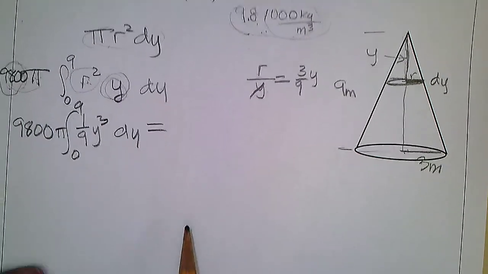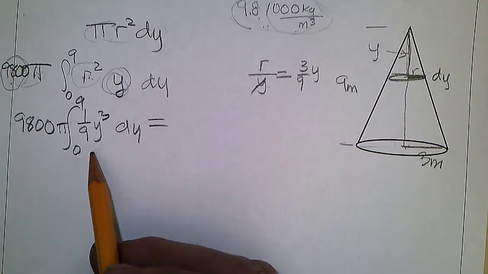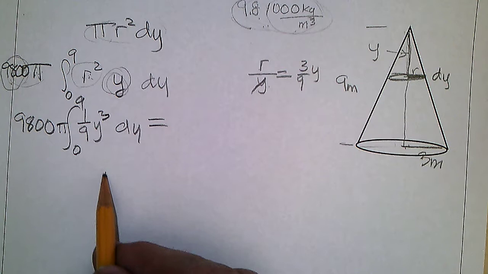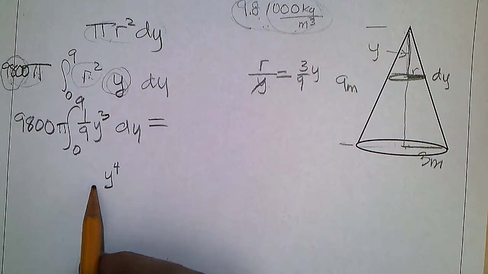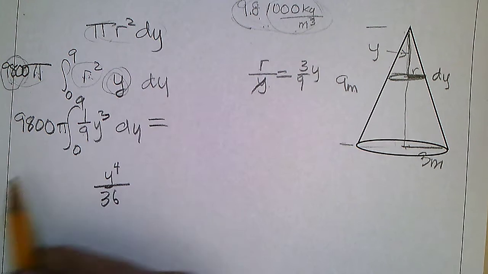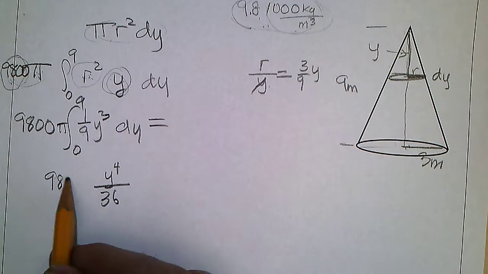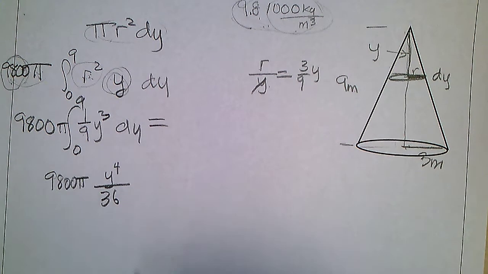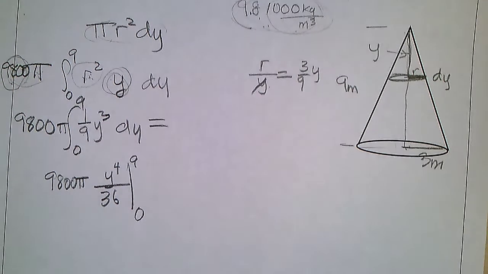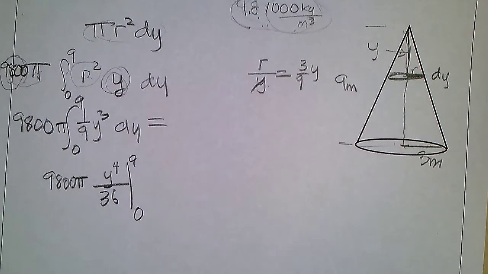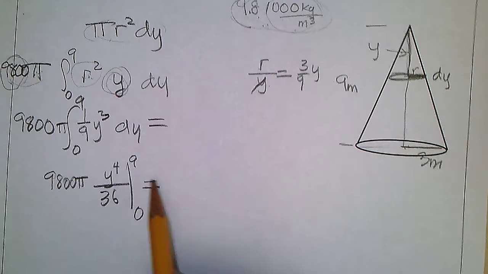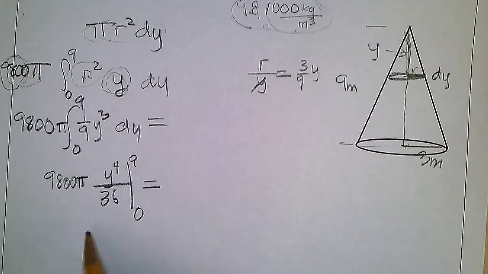That integrated would be y to the 4th over 4 times 9, 36, times 9800 pi, evaluated from 0 to 9, and that would become just 9 put in there, divided by 36.